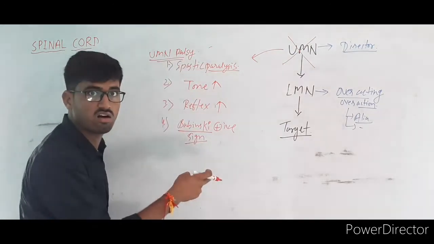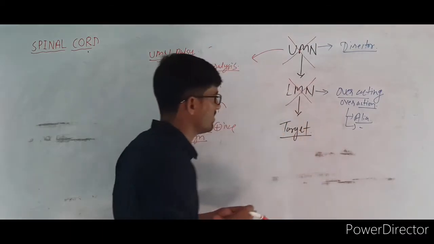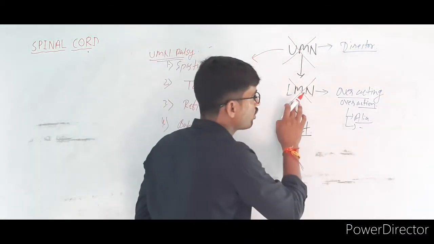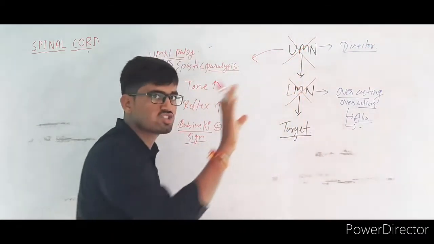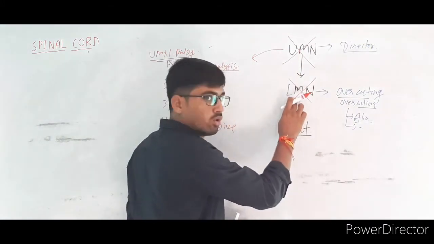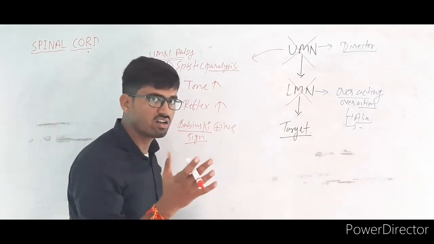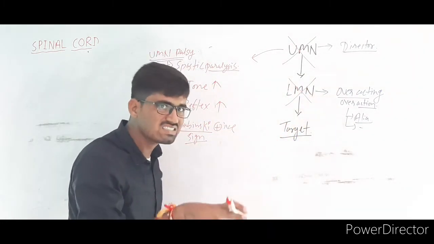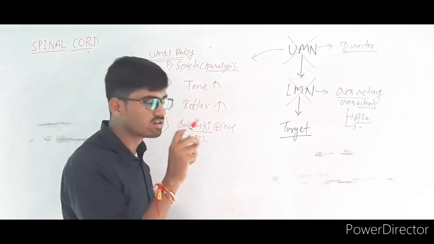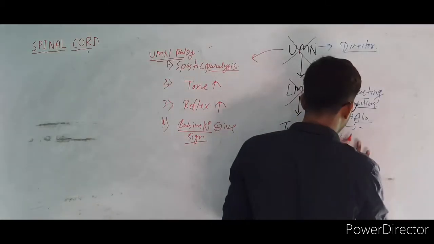And what happens if there is lower motor neuron palsy? The upper motor neuron is well, but the palsy happens in the lower motor neuron, so it will not act. Paralysis is there, but of which type?